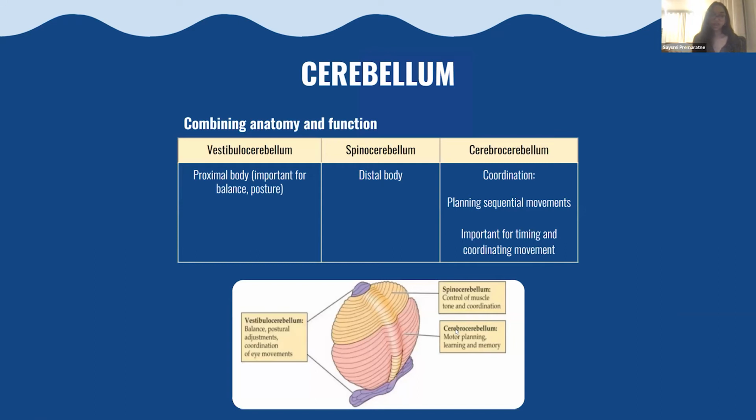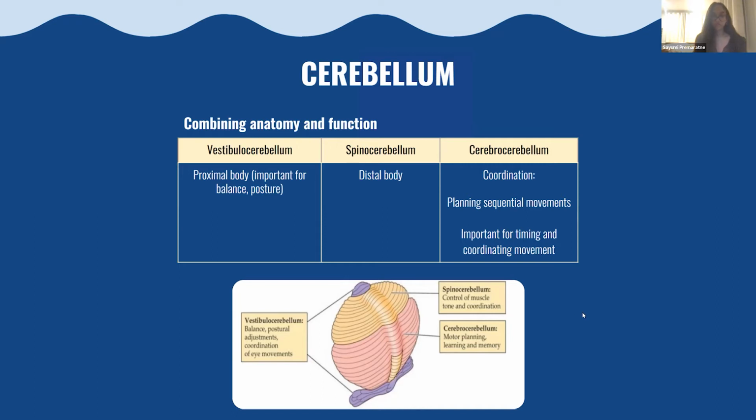And then if we combine anatomy and function, we get the vestibulocerebellum, the spinocerebellum, and then the cerebrocerebellum. Similar to the one where we differentiated by function, the vestibulocerebellum is important for the proximal body, then the spinocerebellum is the distal body, and then the cerebrocerebellum will be responsible for those sequential movements, timing, and coordination.